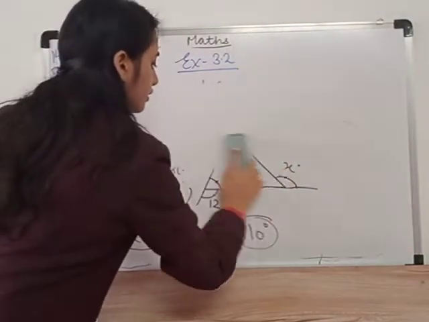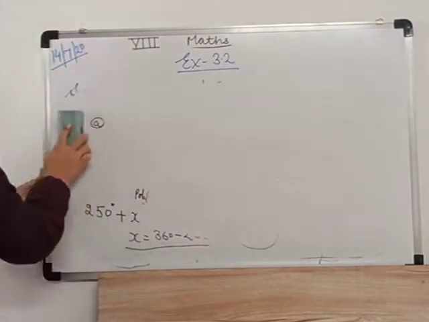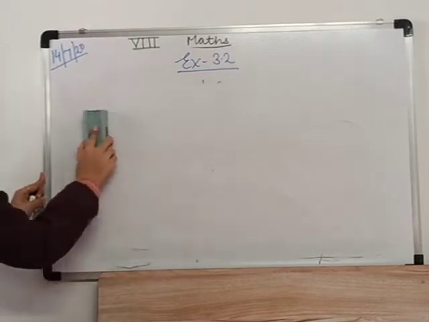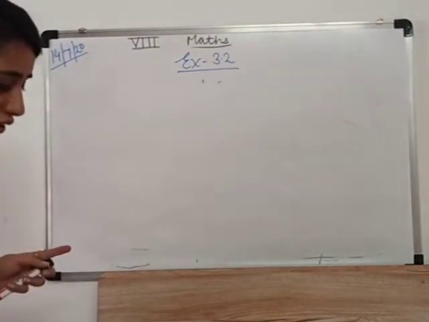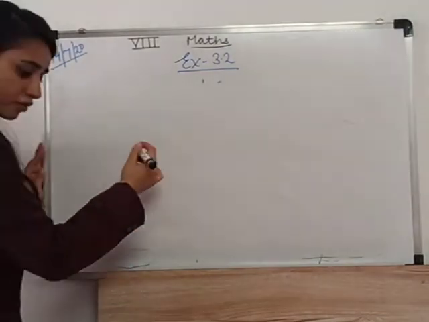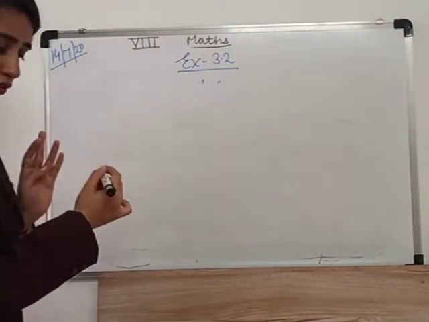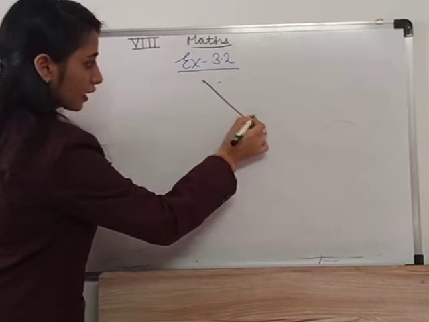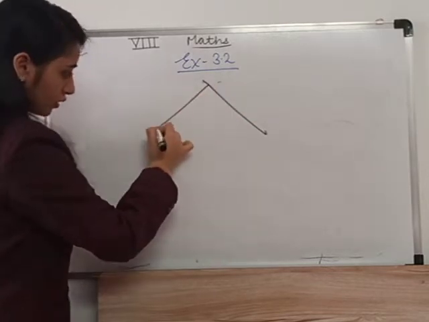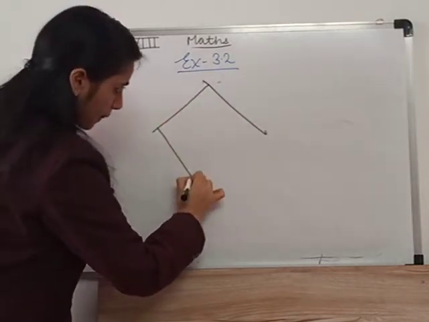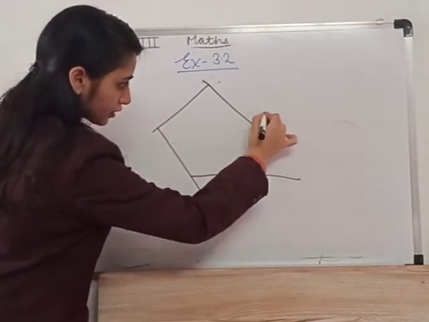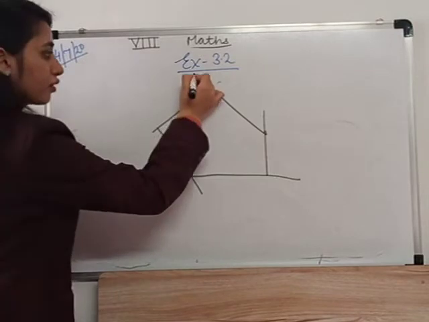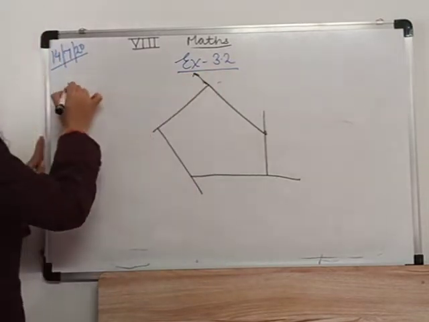Now, in B part, what's the figure? The figure is in the form of a quadrilateral, or rather a pentagon. The figure is like this, and we have to draw it.